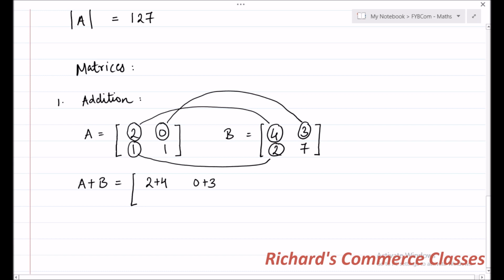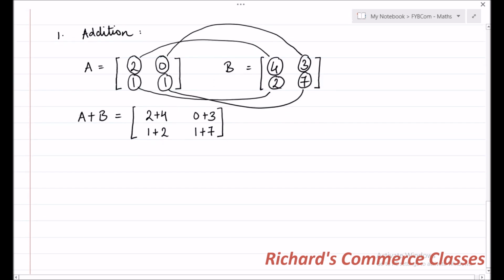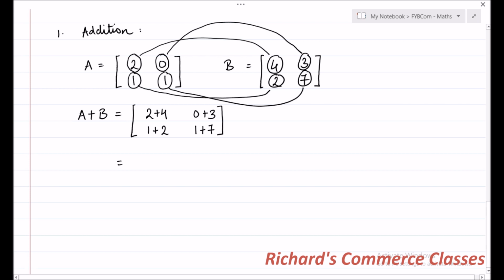So 1 plus 2, and finally the last element 1 will be added with the last element here, that is 7. 1 plus 7. If you add up, the answer will be 6, 3, 3, 8, and that is addition of the two matrices.